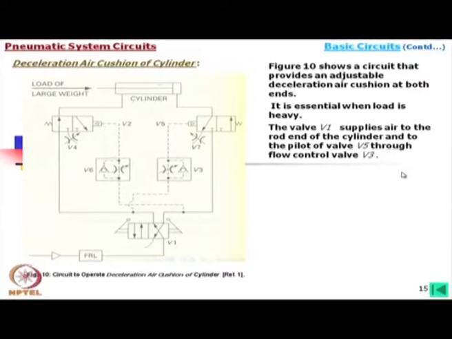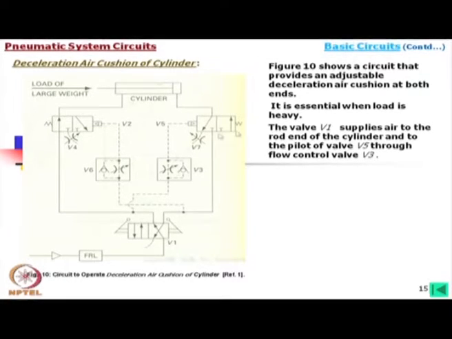Let us see pneumatic systems. The valve V1 supplies air to the rod end of the cylinder and to the pilot of valve V5 through the flow control valve V3.